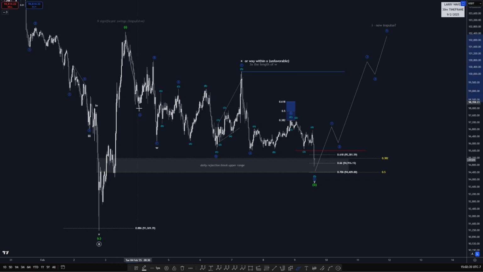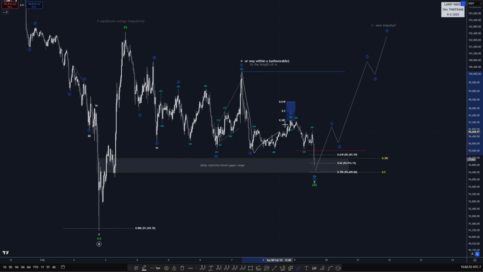Initially, we have an A, B, C for our W. Internally, we have an ABC flat, meaning A, B, C for the X. Now we're working on the last ABC for the Y.